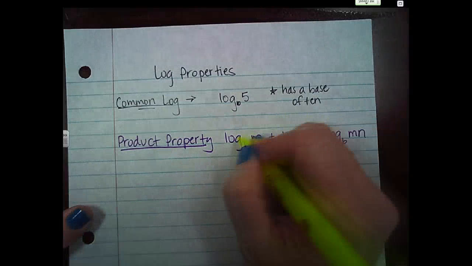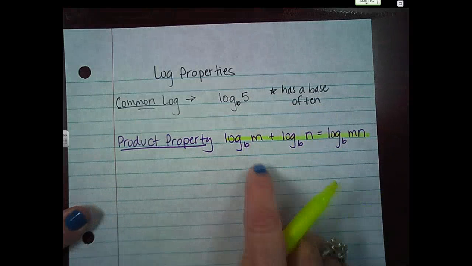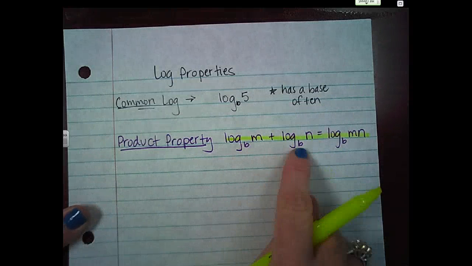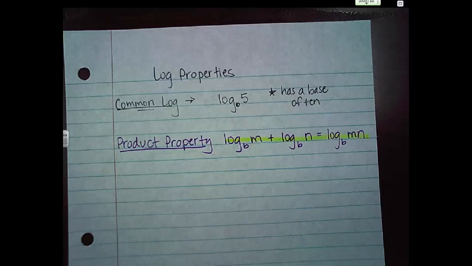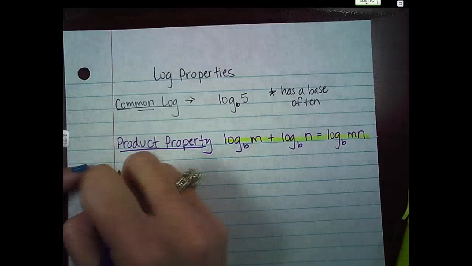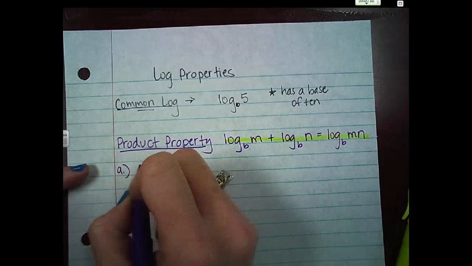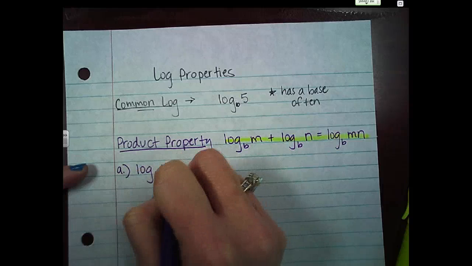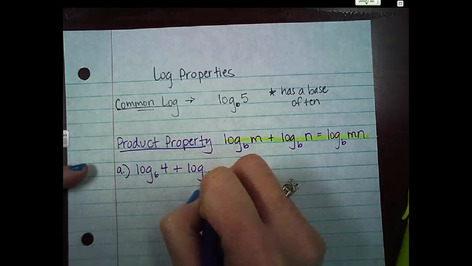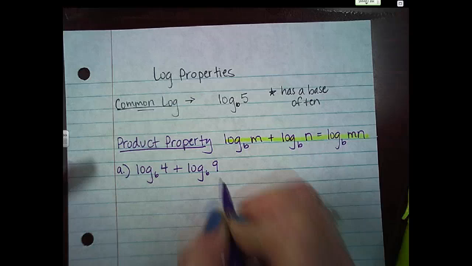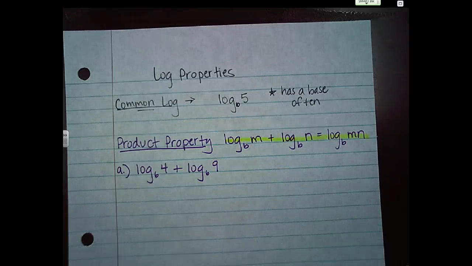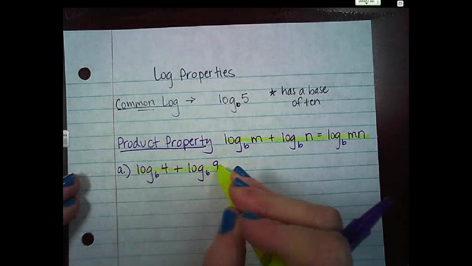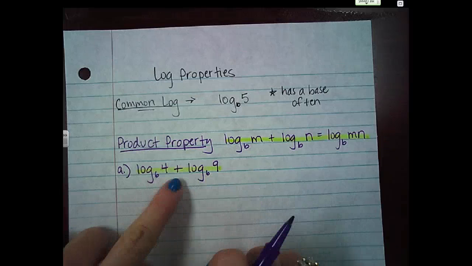So if you're looking for an exponent, and you can't find the exponent one way, you can't find it the other, sometimes by putting them together you can. This is what I mean by that. If we tried this problem, if I said log base 6 of 4 plus log base 6 of 9. You'll notice they're both base 6, and it's an addition.